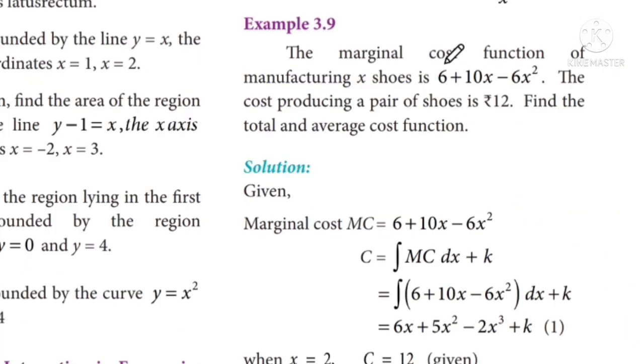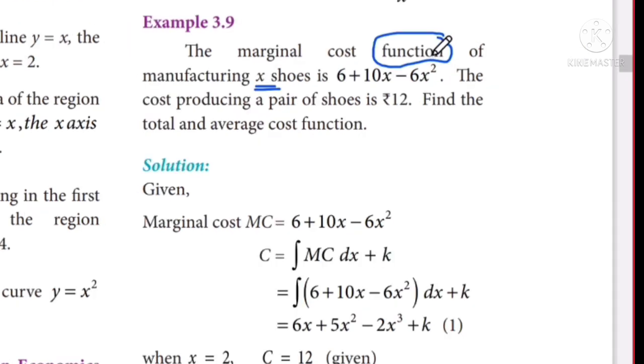So the marginal cost function of manufacturing x shoes is 6 plus 10x minus 6x square. So it is given as a function. As x changes, the cost will change. What is x here? The number of shoes.